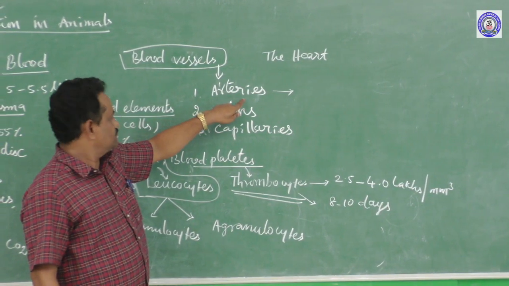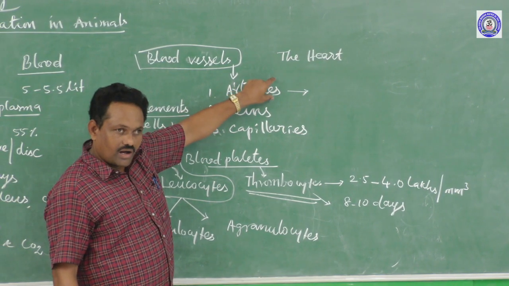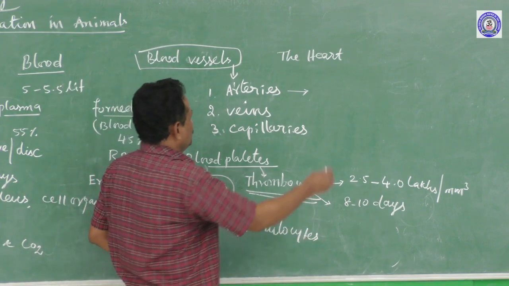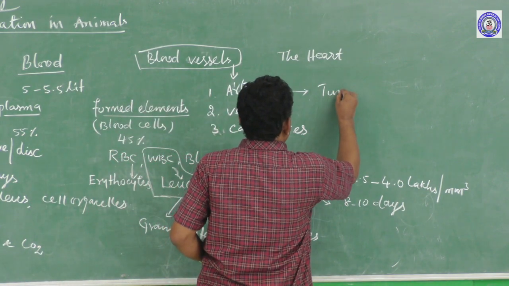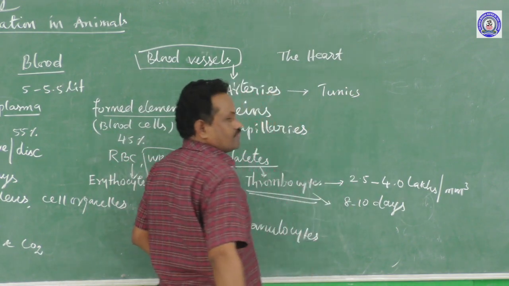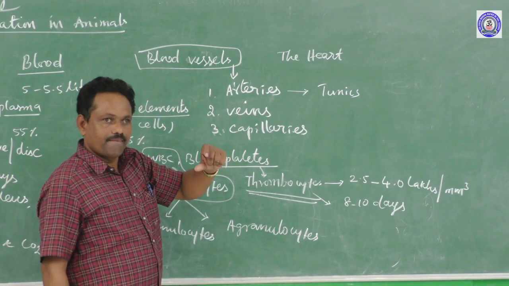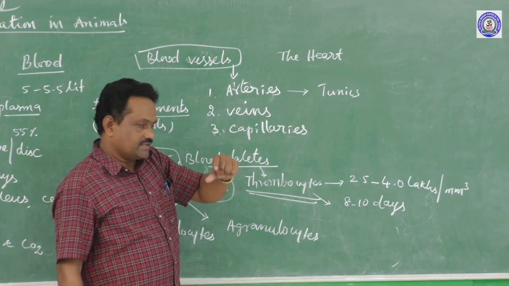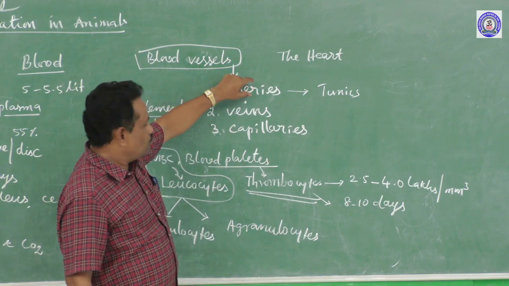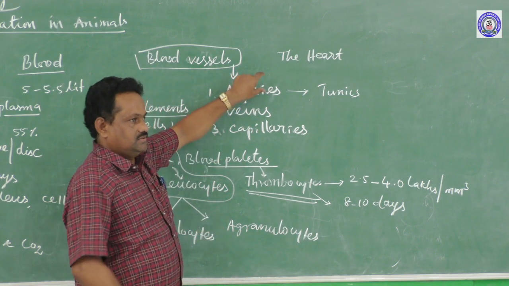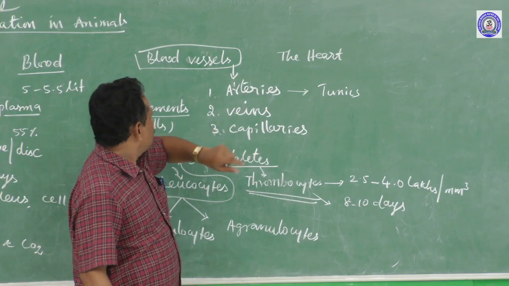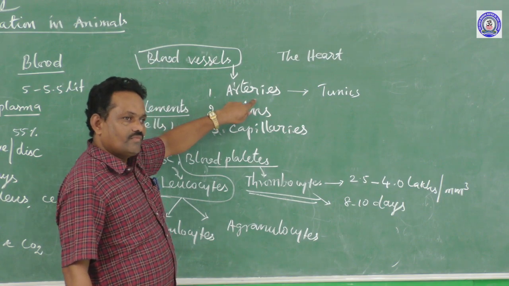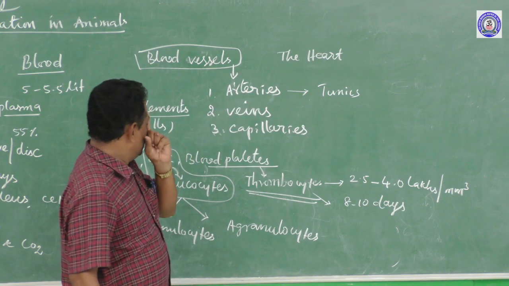Arteries are elastic in nature, and the walls are made up of three coats. The three coats are commonly called tunics. So thick layers are there, which protect the wall of the blood vessels when the blood is forced into it. That's why these arteries are thick walled and elastic in nature.